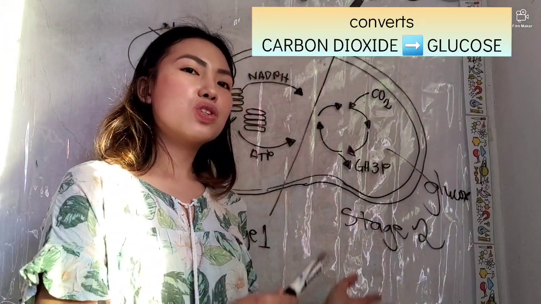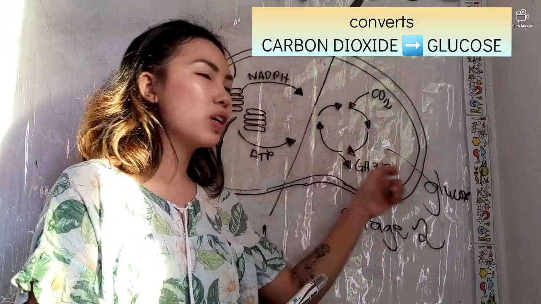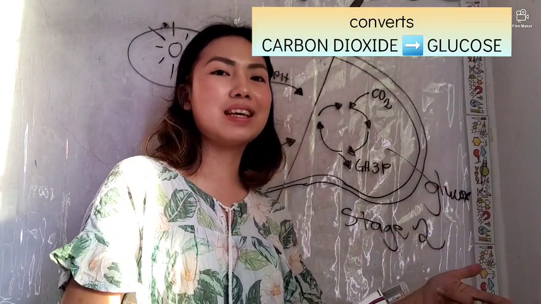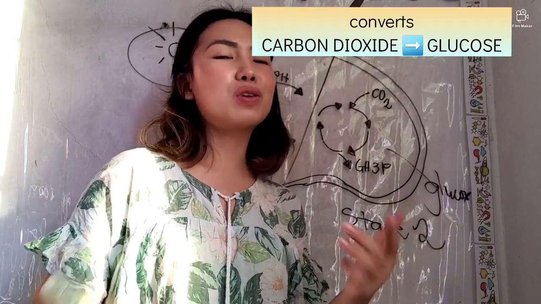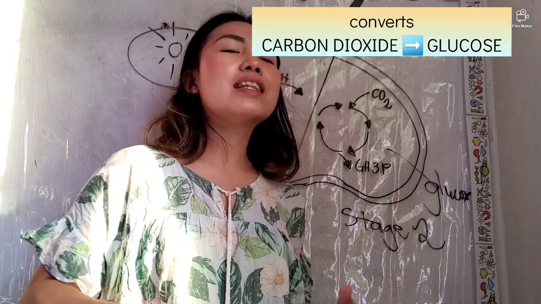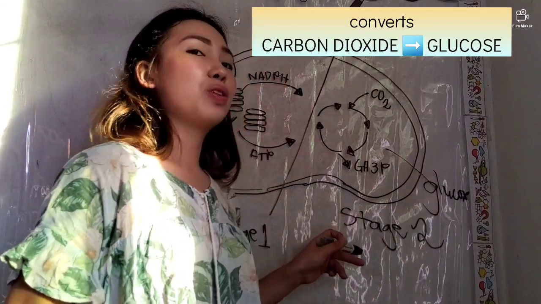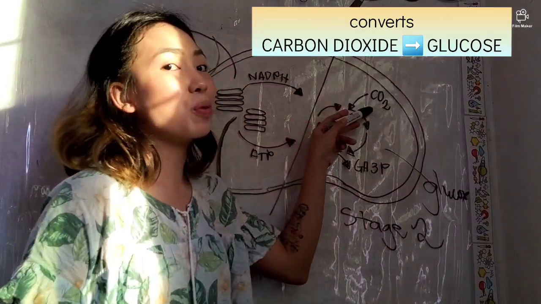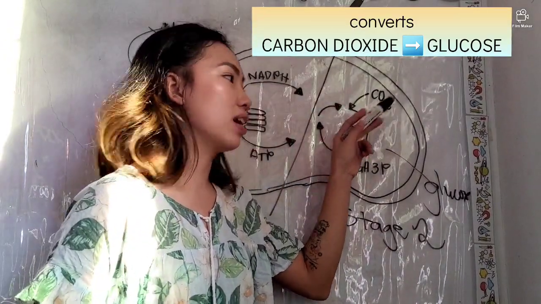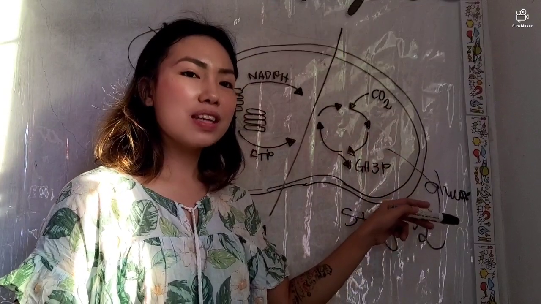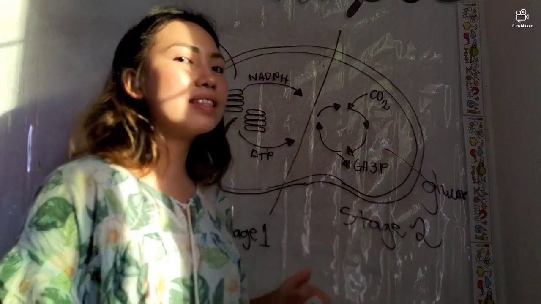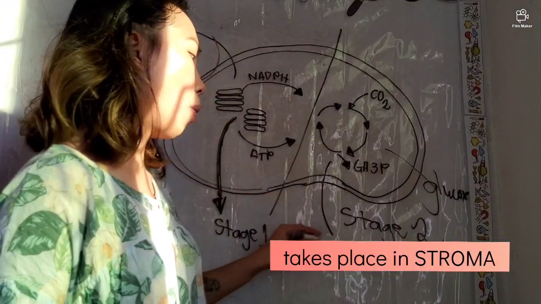So, in stage 2, the purpose is to produce the glucose, which is the product of photosynthesis. So, para makapag-produce ng glucose ang photosynthesis, ginagawa yun in stage number 2, in the process of converting carbon dioxide to make glucose.